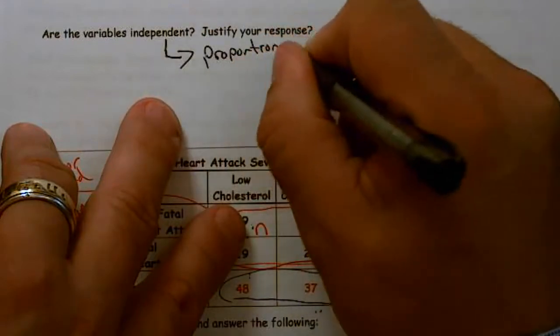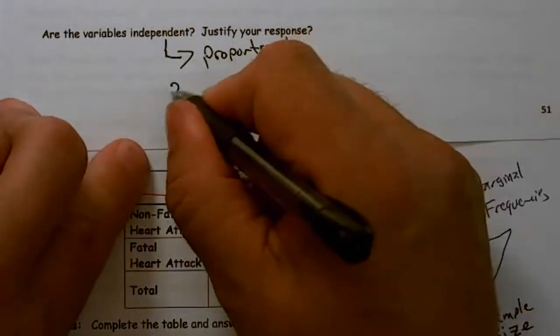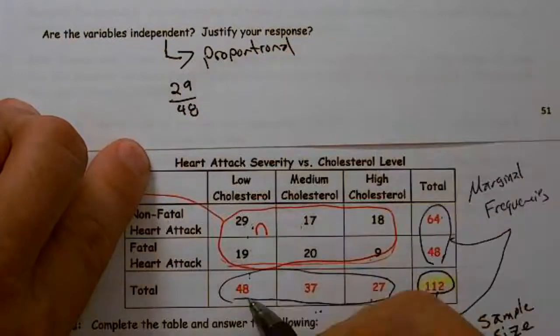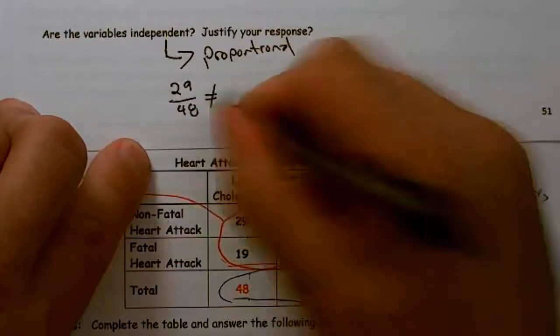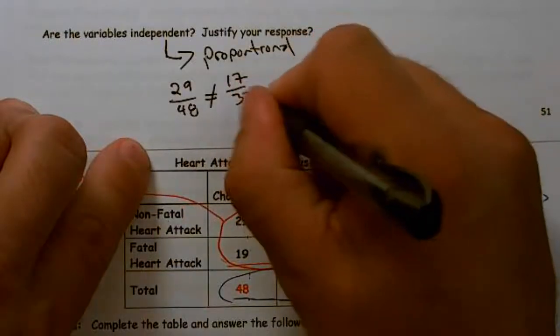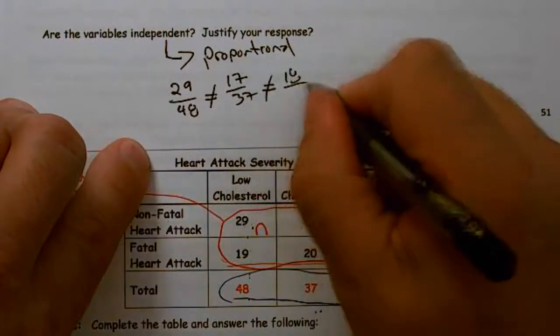And as long as I have corresponding proportions, that's all I need to check. So I need to go, well, 29 over 48. Well, turns out that does not equal 17 over 37. And that does not equal 18 over 9.